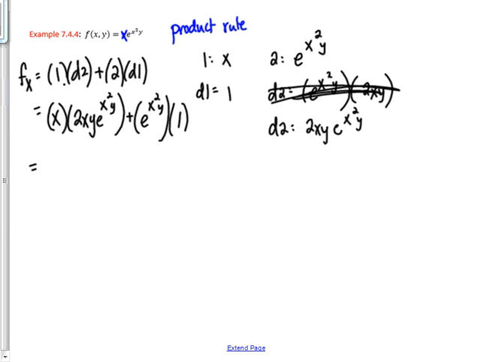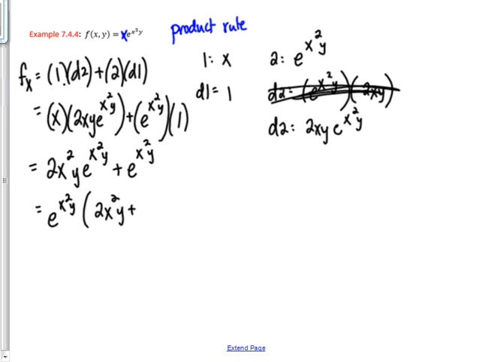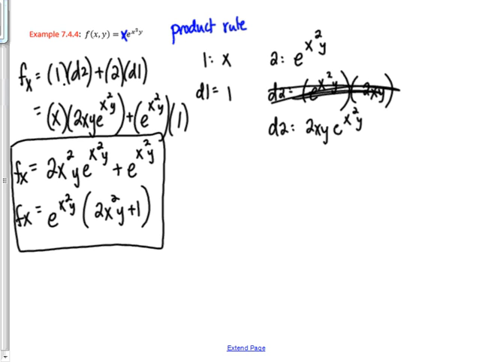And if I cleaned it up a little bit better, I get 2x squared y e to the x squared y plus e to the x squared y. And if you wanted to, you could factor out that e to the x squared y and get 2x squared y plus 1. Either one of these answers is acceptable with me.